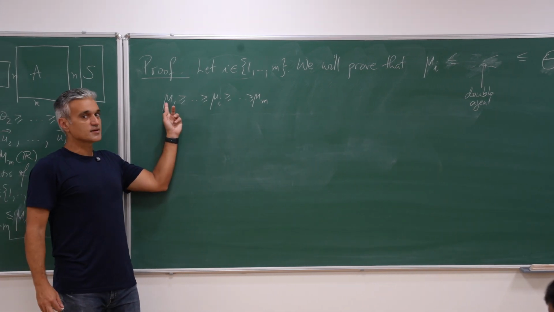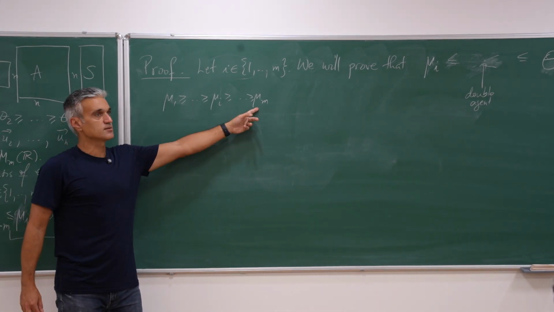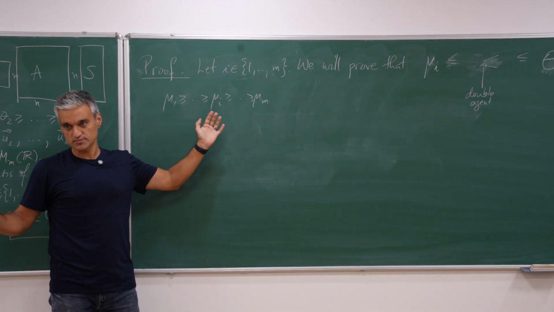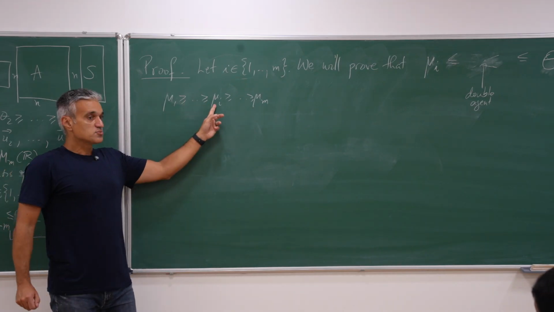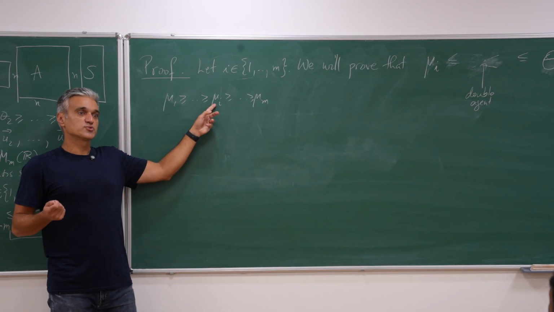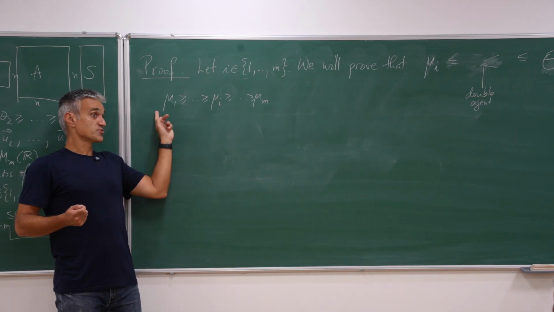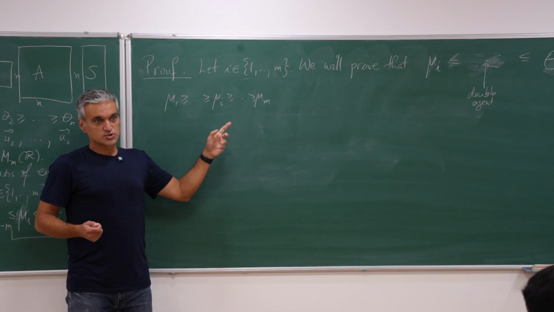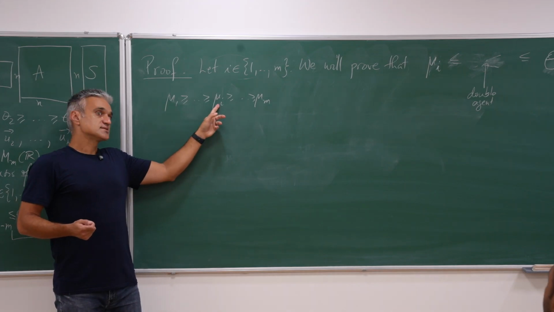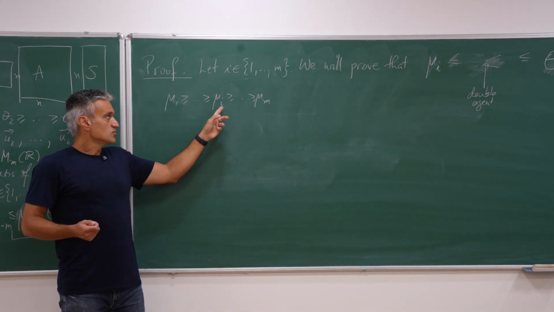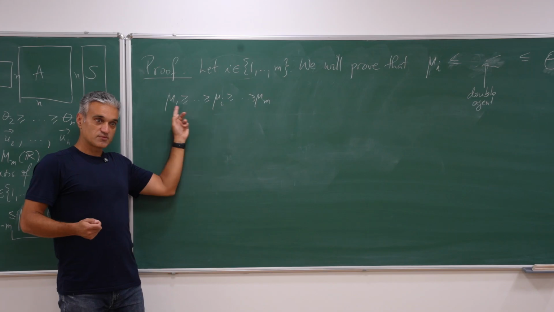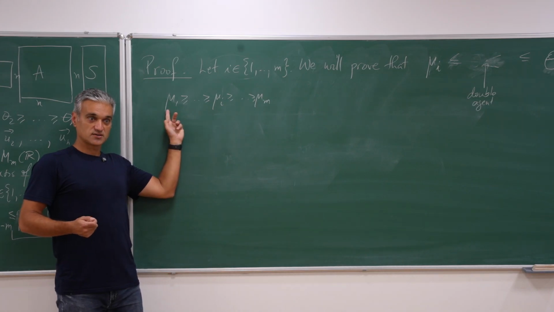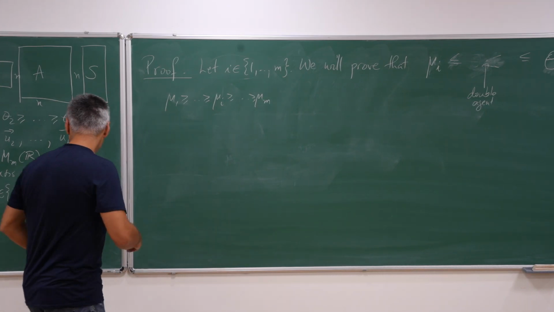Especially mu_1 is always the max of something, mu_m is always the min, so there's nothing to talk about there. But mu_i you can look at from two perspectives. mu_i is the smallest from the beginning, and it's the largest from the end. So if you want to show that mu_i is smaller than something, you have to look from the perspective of what happens on this side. Okay, so that's exactly what we'll do.